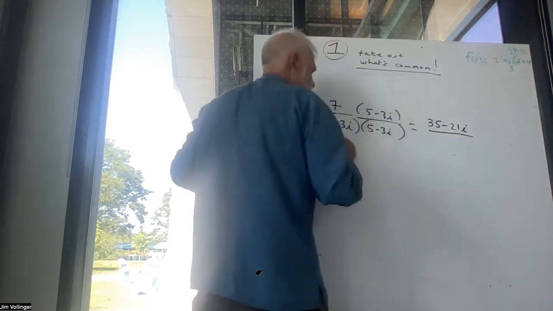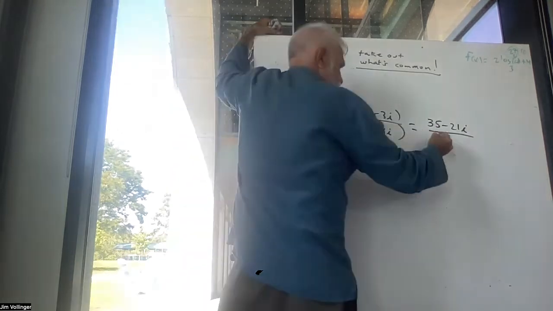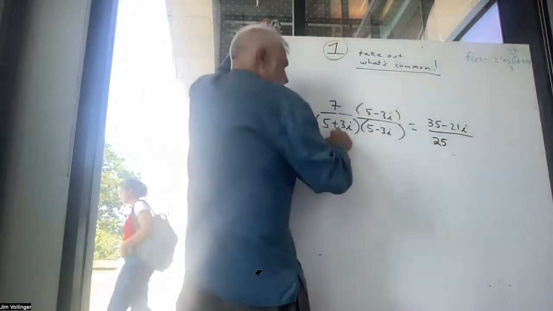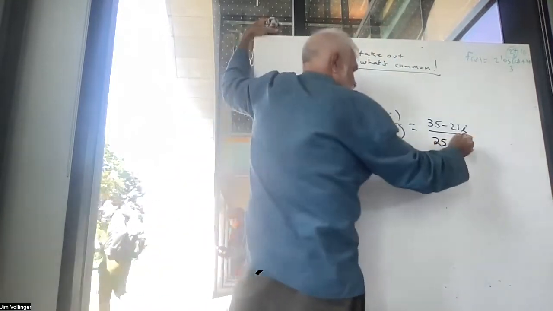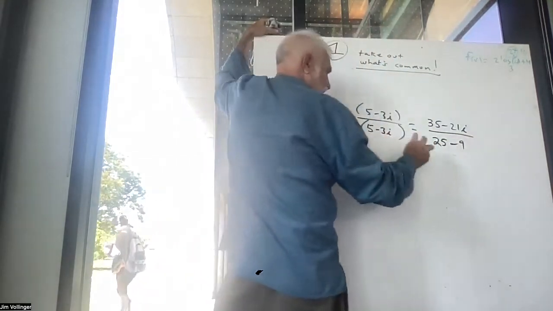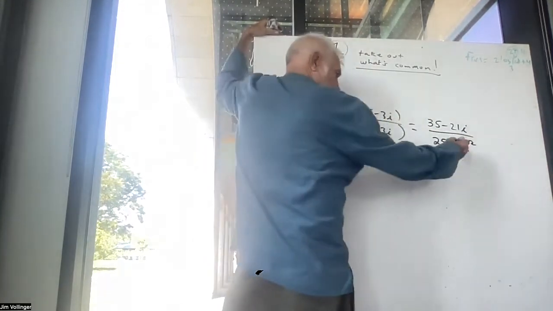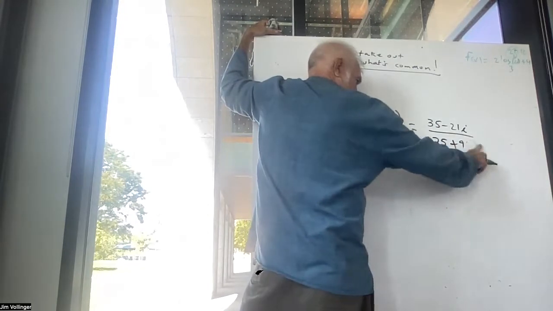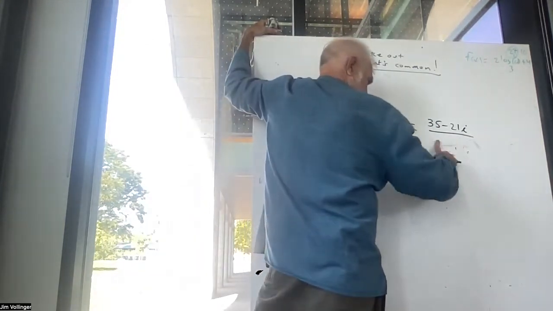No common factors, so I'm not going to be able to reduce this. 5 times 5, 25. If you'll notice, you're always getting a minus. 3 times 3, 9, i times i squared. What does minus 9i squared become? Becomes positive 9. What's 25 plus 9 become? 34.